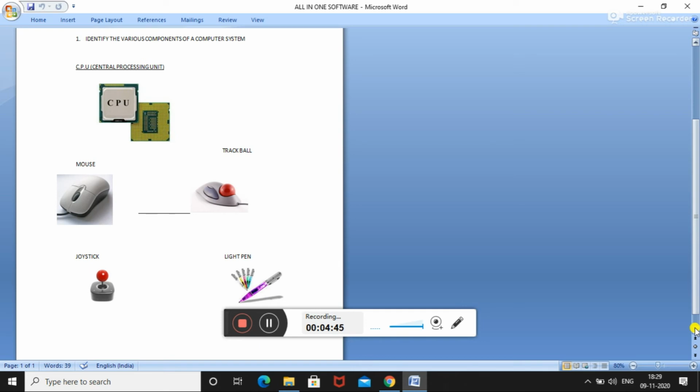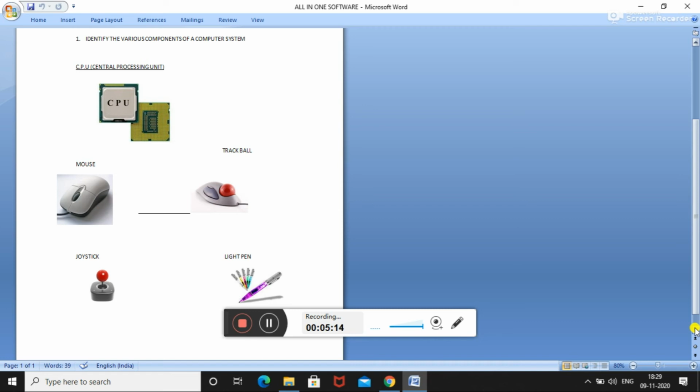Next one, mouse. Mouse is the most popular pointing device. It is a very famous cursor control device having a small palm-size box with a round ball. Its base senses the movement of the mouse and sends corresponding signals to the CPU. When the mouse buttons are pressed, generally it has two buttons called the left and right button and a wheel present between the buttons.